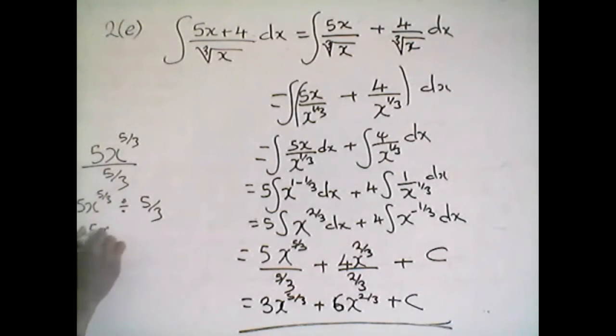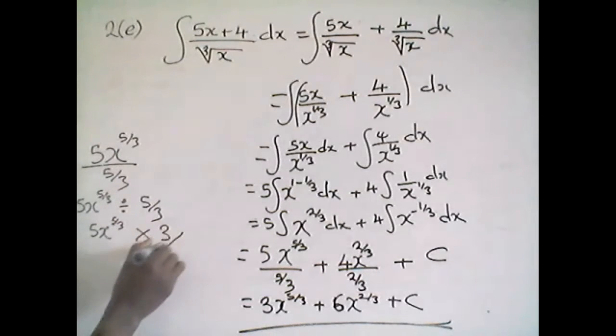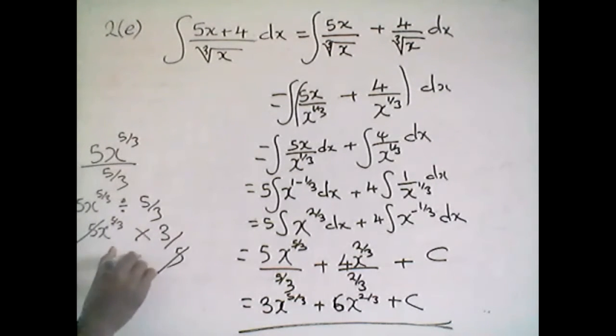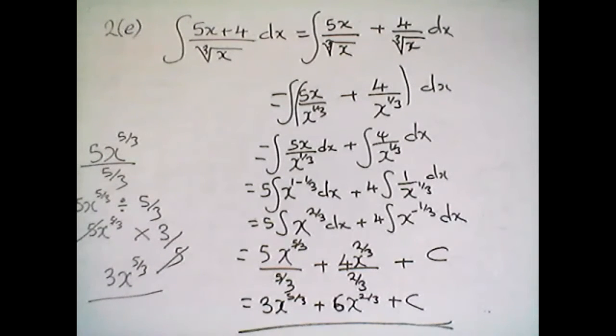So it will be 5x^(5/3) times 3/5. Here we have 5 and that 5 cancels. So I'm just going to remain with 3 times x^(5/3), that's how we remain with 3x^(5/3). Is it clear now?